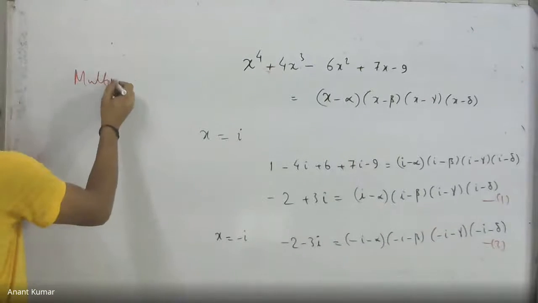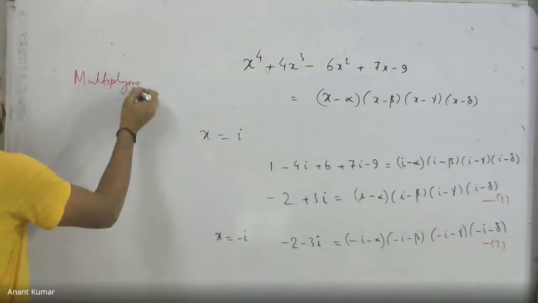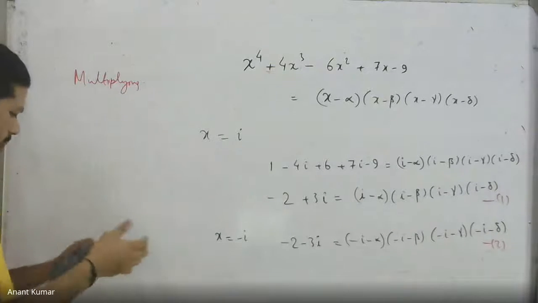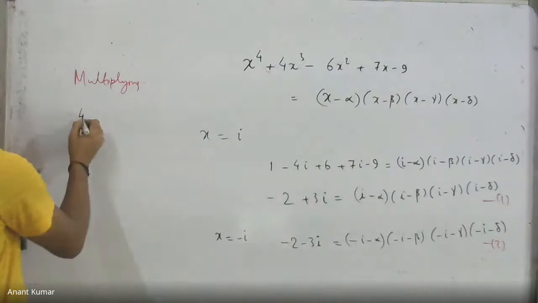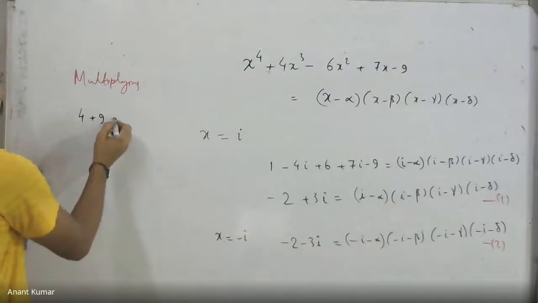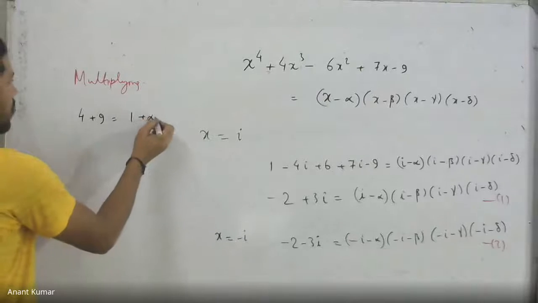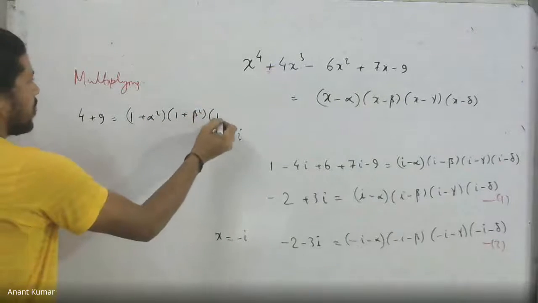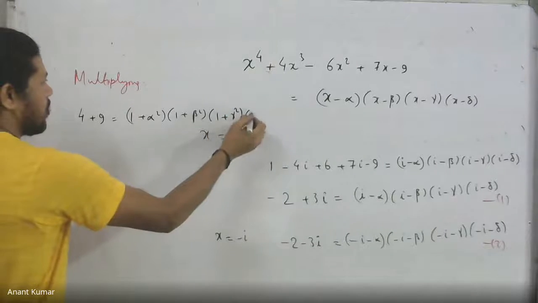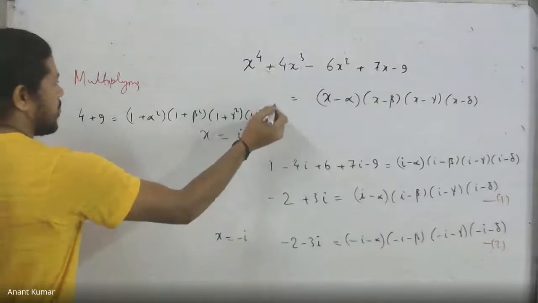Multiplying the two equations, we get 4 plus 9 is equal to 1 plus alpha squared into 1 plus beta squared, 1 plus gamma squared into 1 plus delta squared. That's what we have.